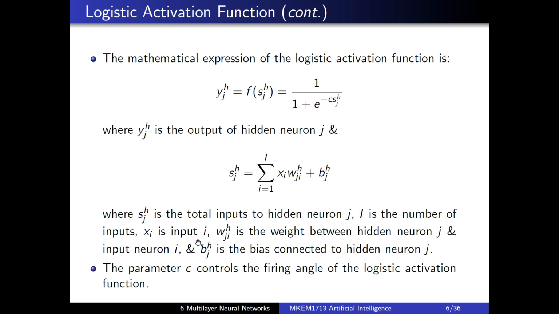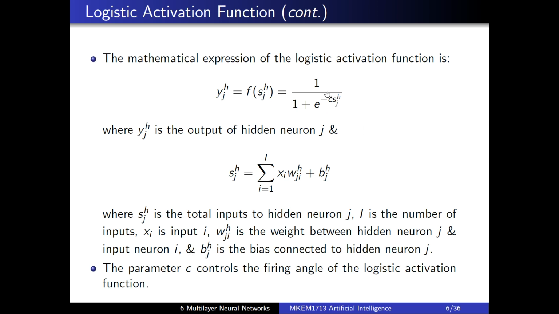So Xi is input I, WHJI is the weight between hidden neuron J and input neuron I, and BHJ is the bias connected to hidden neuron J.